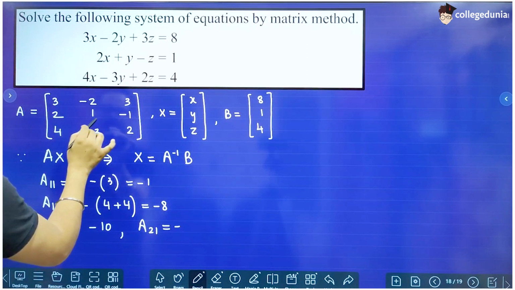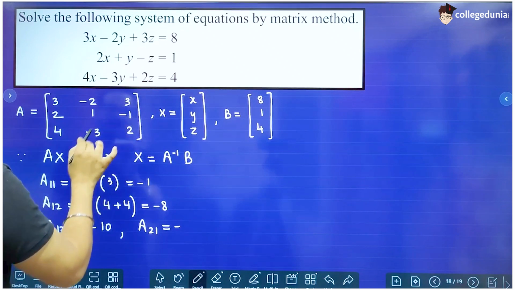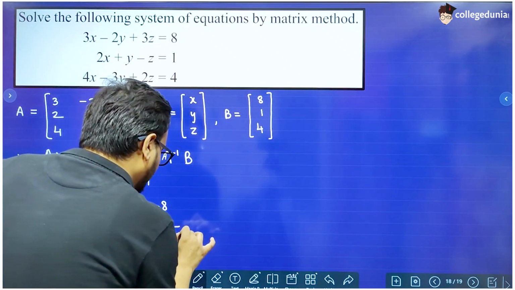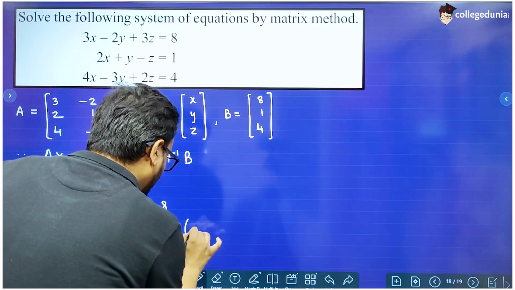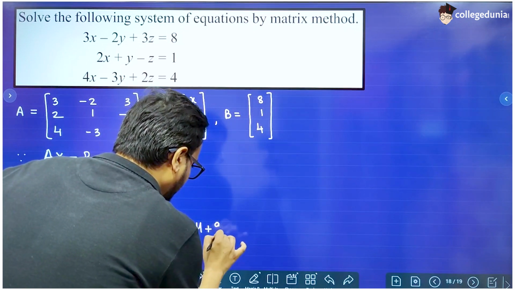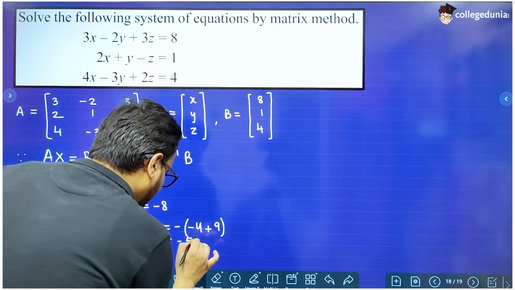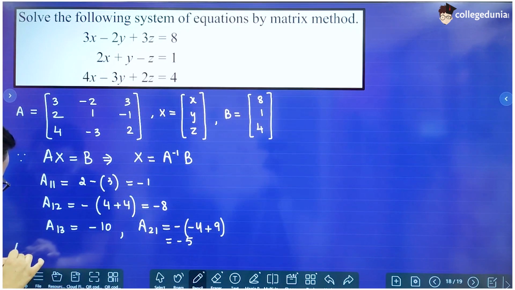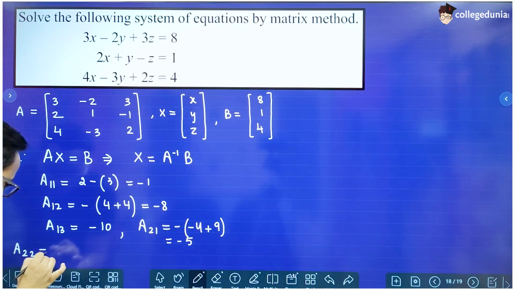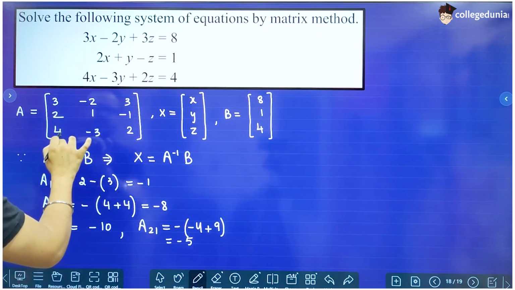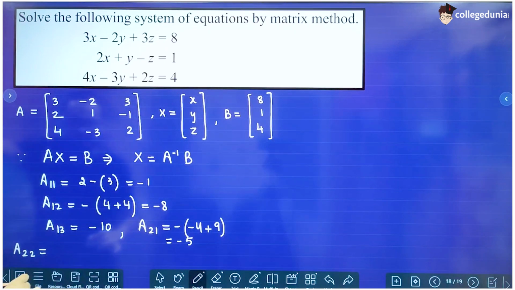Leave this and this. So it is minus 4 plus 9, that is minus 5 overall. Minus 5. A2, 2 is positive. Leave this and this. So this is 6 minus 12. Minus 6.